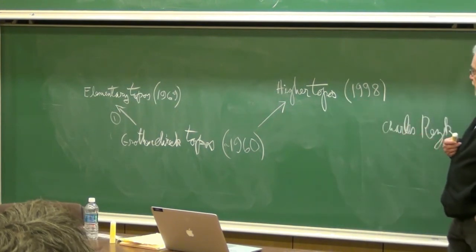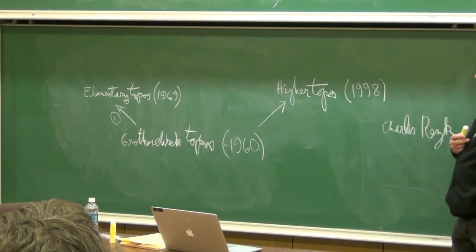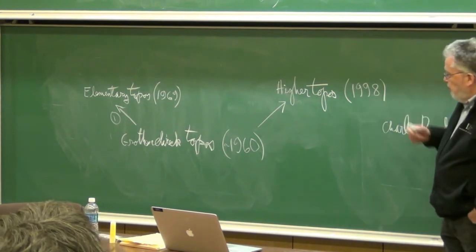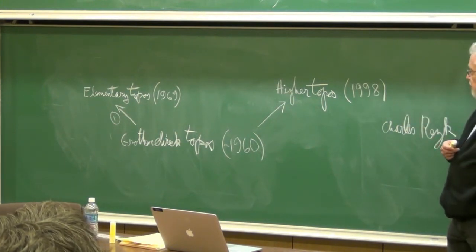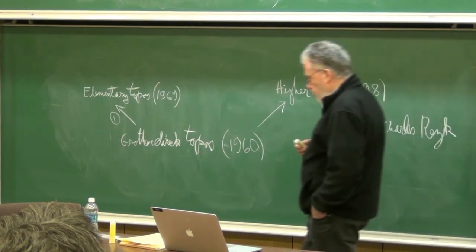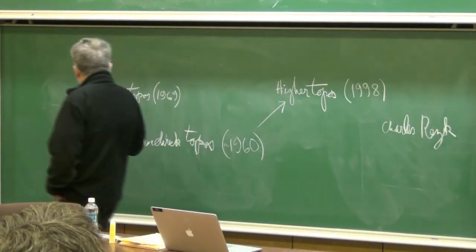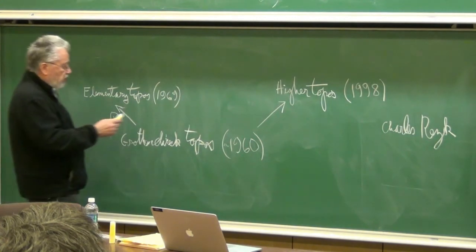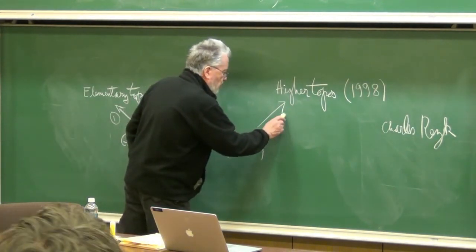So you may be aware of the book by Jacob Lurie called Higher Topos Theory, published in a Princeton lecture note series.